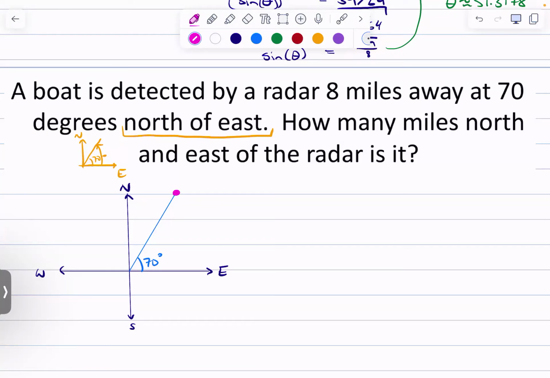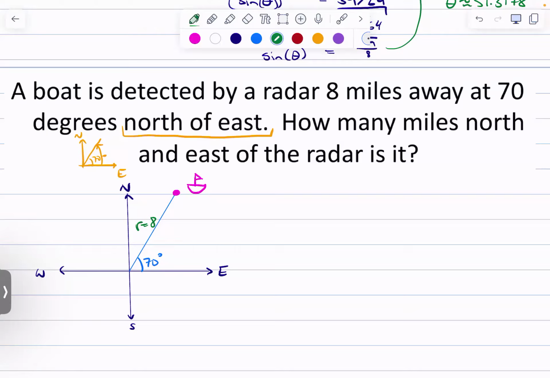Let's put the boat here. It's a little sailboat. Whee! And the radius, it was 8 miles away. How many miles north and east of the radar is it?